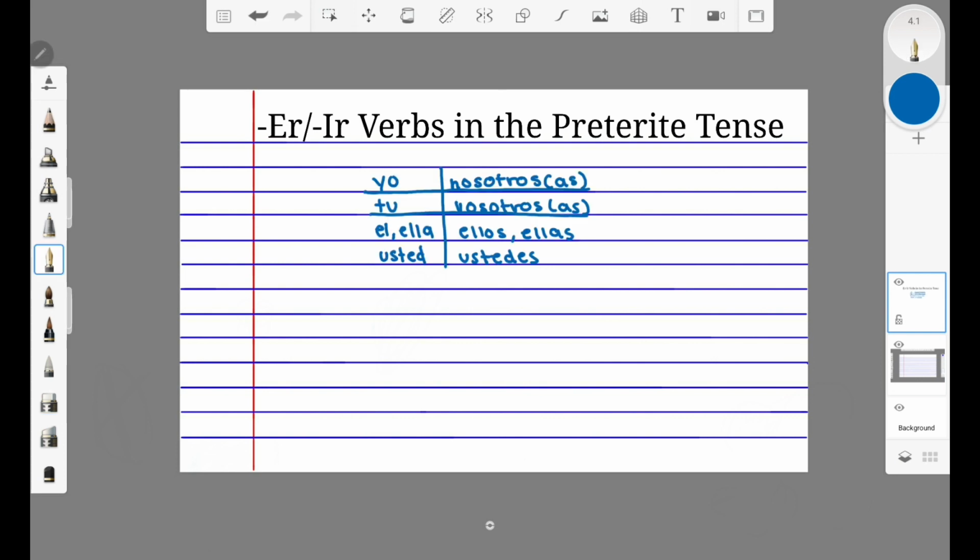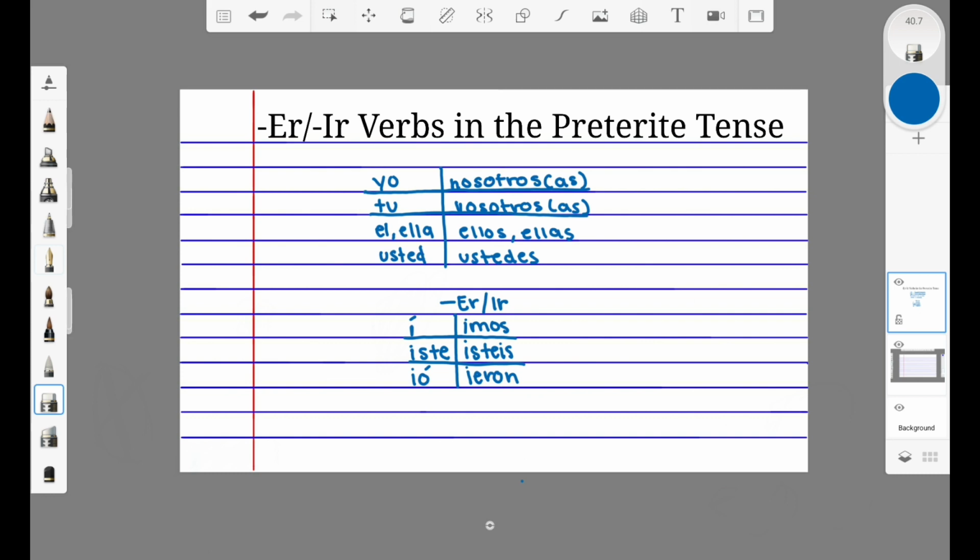Quick reminder of your subject pronouns: yo, tú, él, ella, usted, nosotros or nosotras, vosotros or vosotras, ellos, ellas, and ustedes. The conjugation chart for both ER and IR verbs is as follows: í, iste, ió, imos, isteis, ieron.